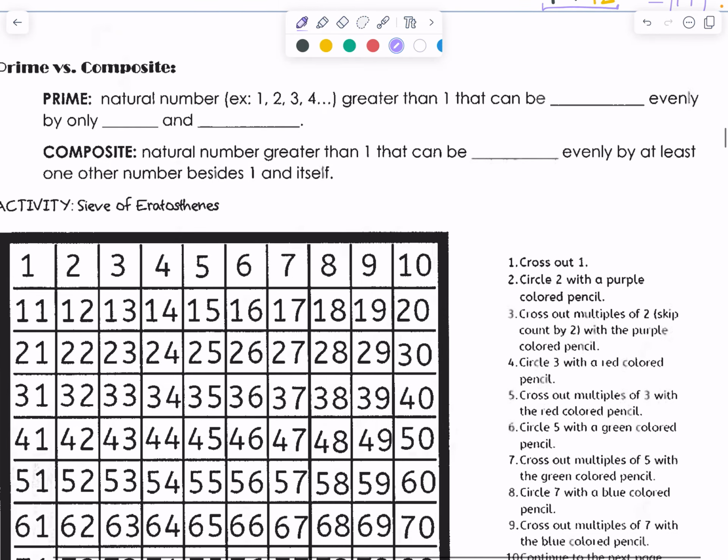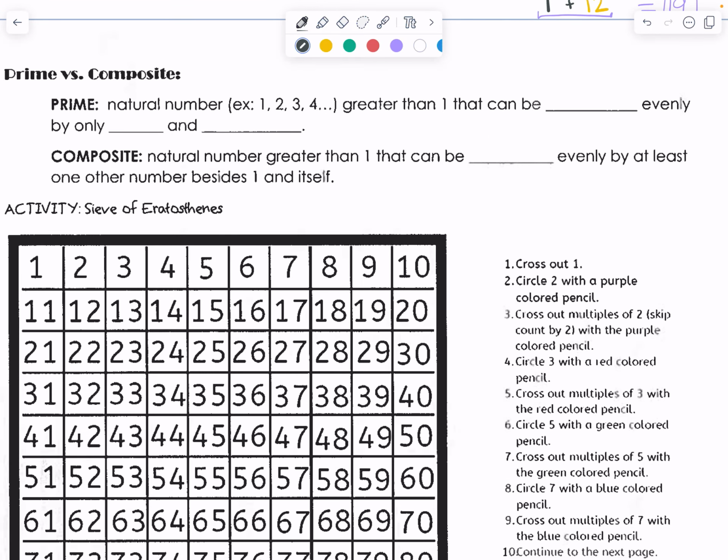All right, so prime versus composite. Prime numbers are natural numbers, 1, 2, 3, 4, 5. Remember, we also called those counting numbers. Greater than 1, that can be divided evenly by only 1 and itself.